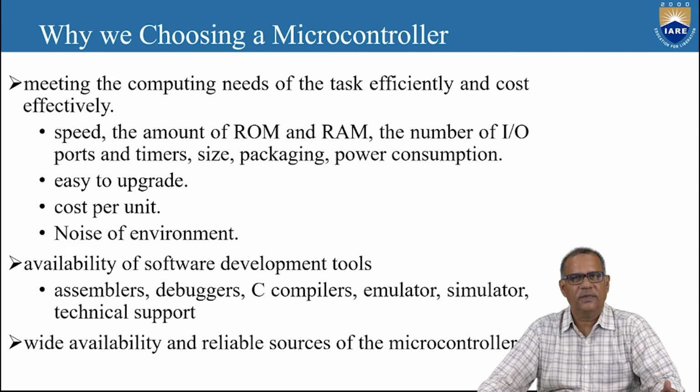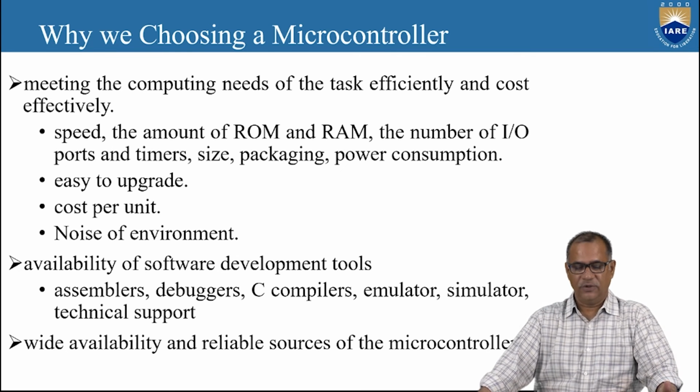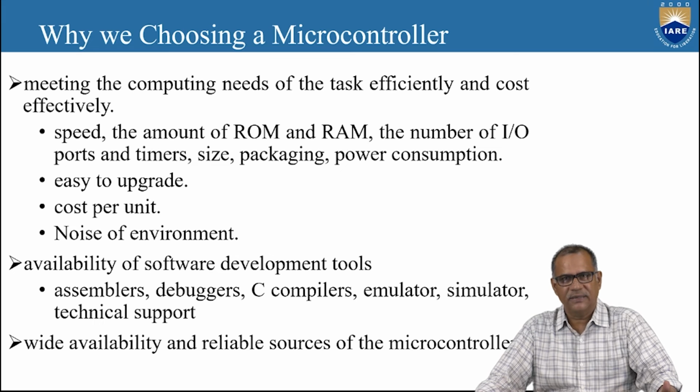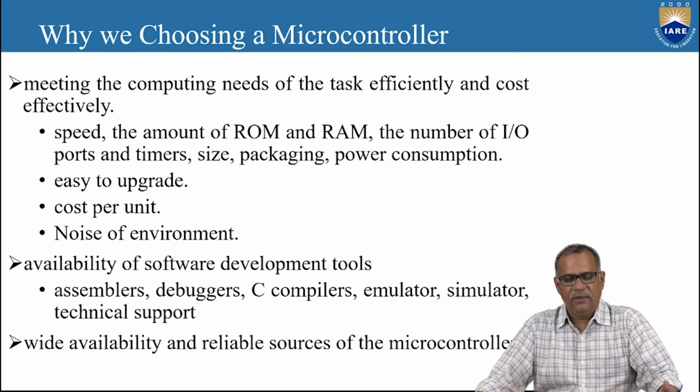And also we have to consider the cost per unit, the noise of the environment, and the availability of software development tools like assemblers, debuggers, C compilers, emulators, simulators, and technical support. All these are also to be considered while choosing a particular microcontroller.